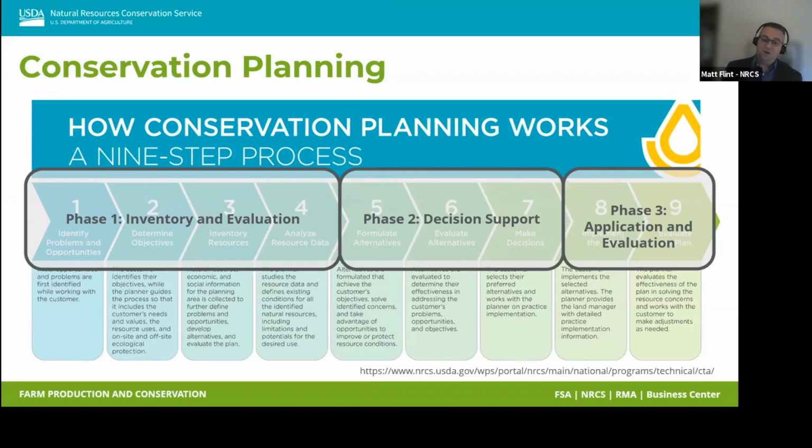Phase 3 is the application or implementation and evaluation of the practices getting put on the land. So let's look more closely at the inventory and evaluation phase, because some questions have come up from participants about what a qualifying resource concern is, or what resource concerns biochar is used to address. We've got those in the coming slides.